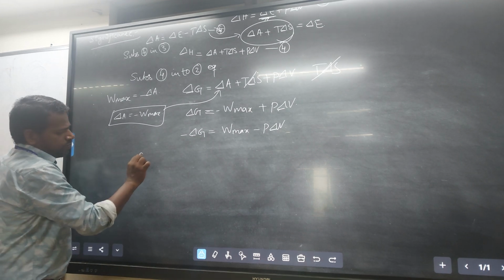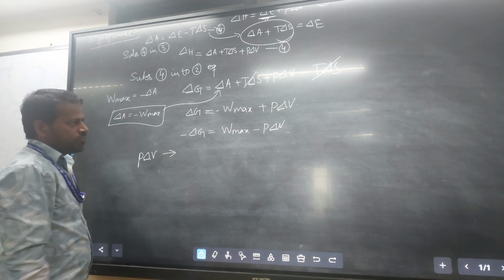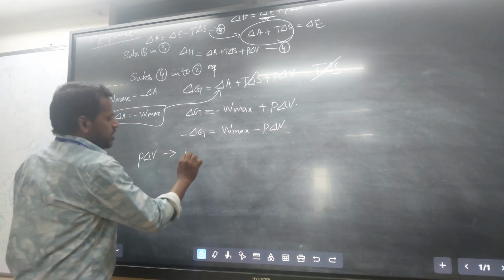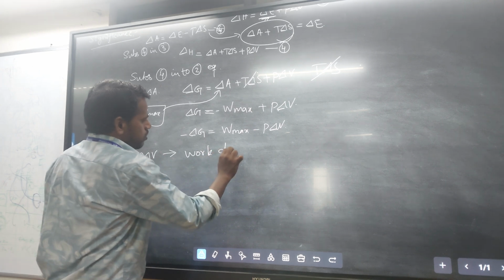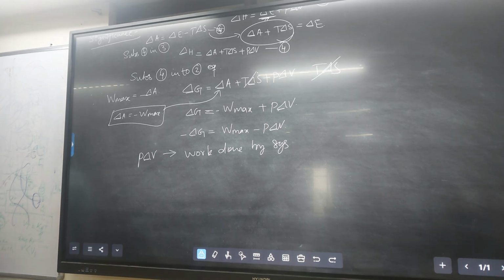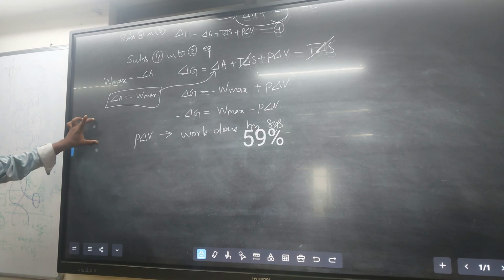So here, what does P delta V say? That is work done by the system at constant pressure, the expansion of volume. When the volume expands, the system does work, because the expansion of volume is there in your container. So work done by the system when the system expands. What does W max say?